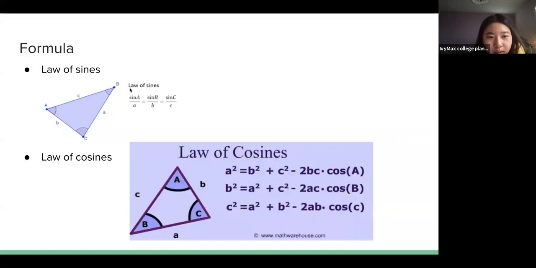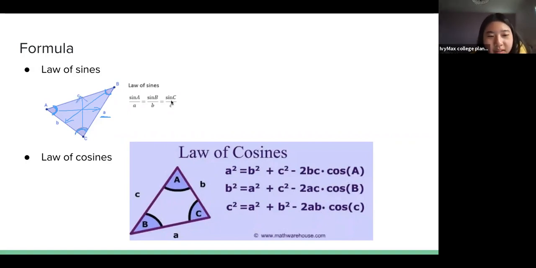You have sine A, which is the angle right here, and you divide it by the length a, which is the opposite length. If you have an angle right here, the opposite side is right here. It's exactly the same for sine B, with its opposite length right here, and the same thing for C.